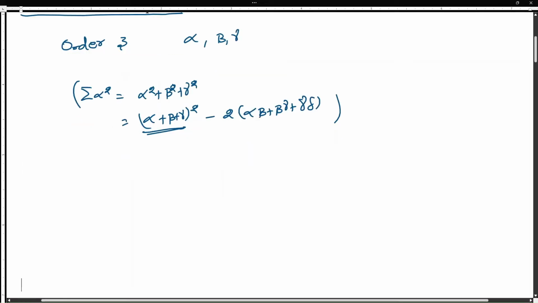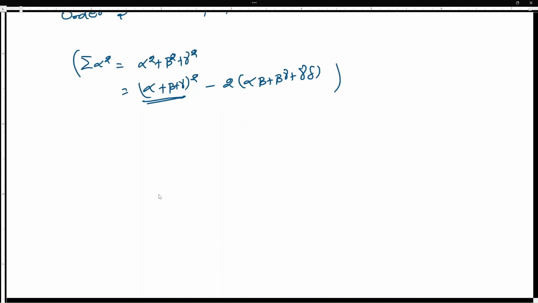Next thing is summation of alpha square beta. It can be written as alpha square into beta plus alpha square into gamma plus beta square into alpha plus beta square into gamma.